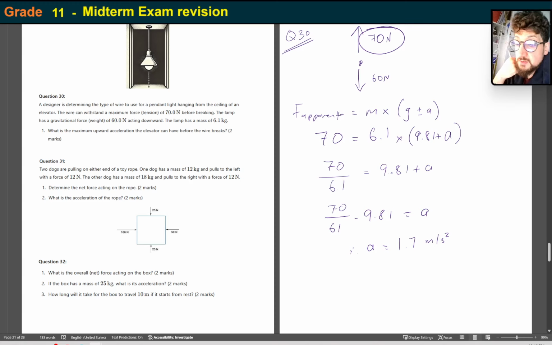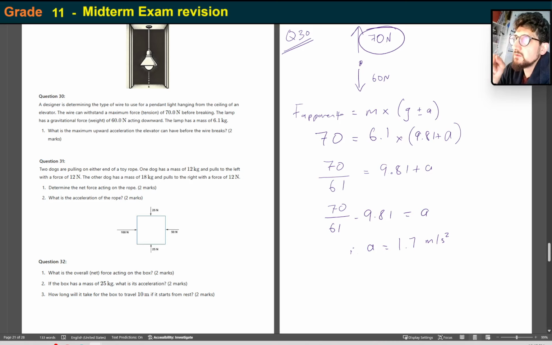That's because the floor of the elevator is either pushing up against you or kind of falling under you. If you're up on the third floor and the elevator is accelerating downwards, you're going to feel lighter, and that's when you say minus a.